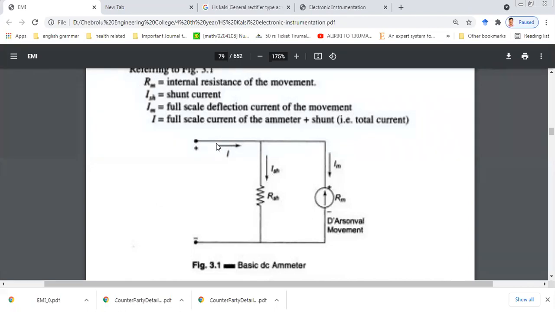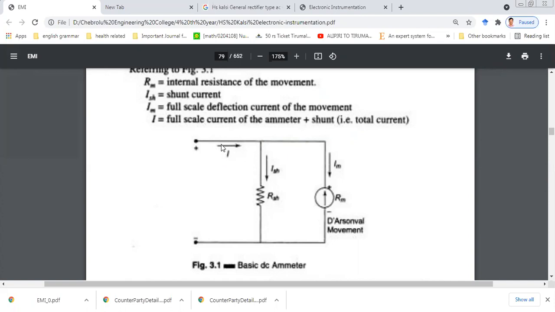And the current I is the full scale current of the ammeter plus shunt. So that is the total current. Suppose we have to measure a current range of 0 to 10 amperes. That 10 amperes will flow through this, and according to that the meter will deflect and show the value of the applied current.